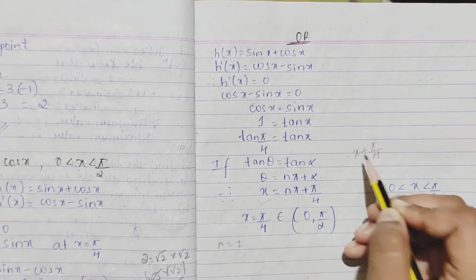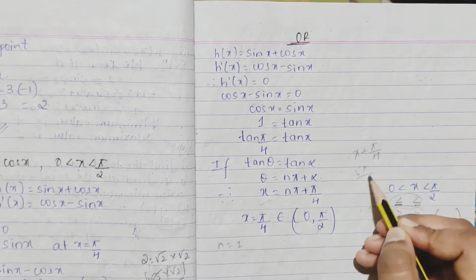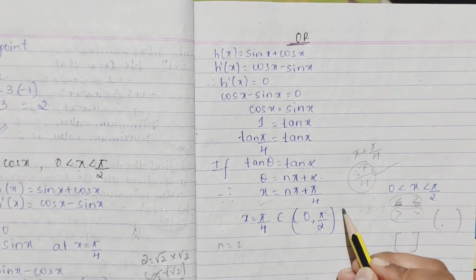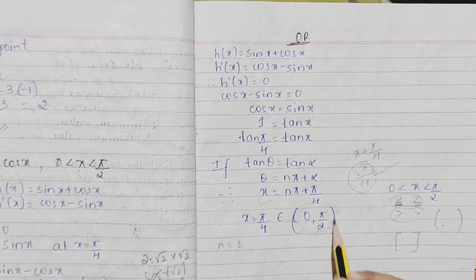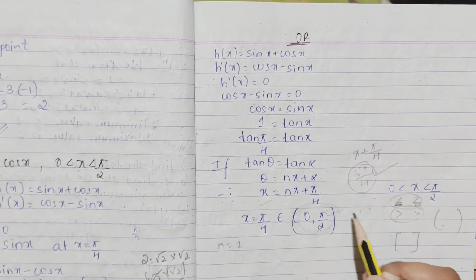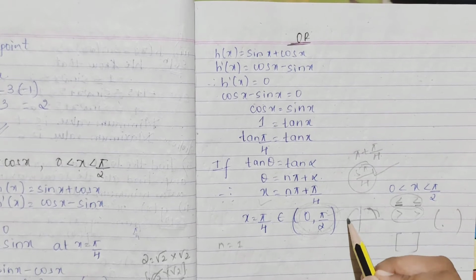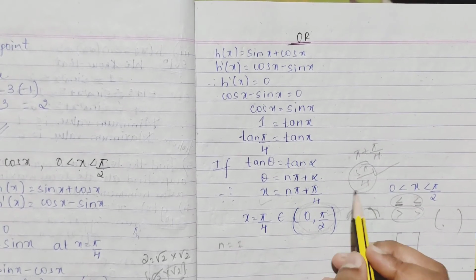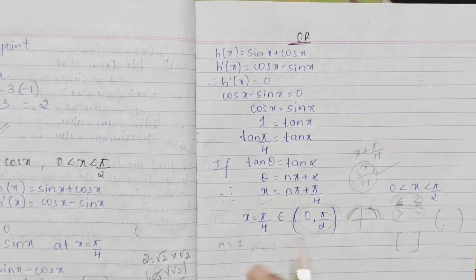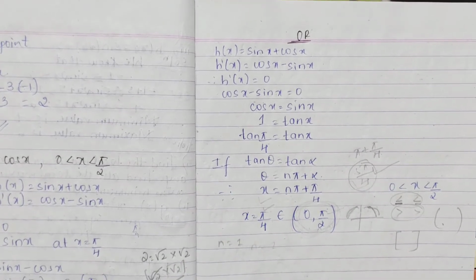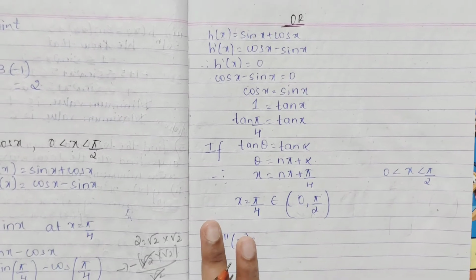Okay, so what you will get? 5 pi by 4. 5 pi by 4 is above 180 degrees, and we don't get it here. It is not in this interval because this interval is 0 to 90 degrees, right? It is only your first quadrant, and you are getting above your first quadrant. So you can't take even n is equal to 2 and all. So your value will be just x is equal to pi by 4. So just for x, pi by 4 you are getting.